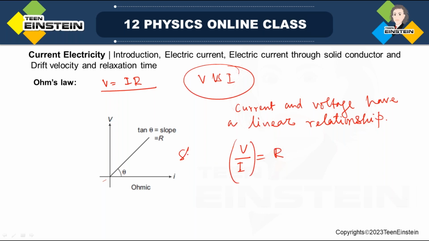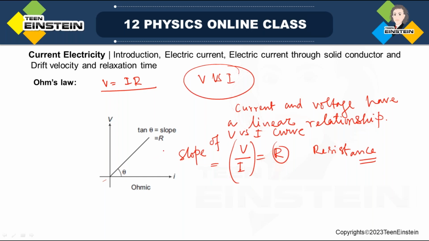So the slope of the V versus I curve is equal to V by I, which is equal to R. This gives the resistance.